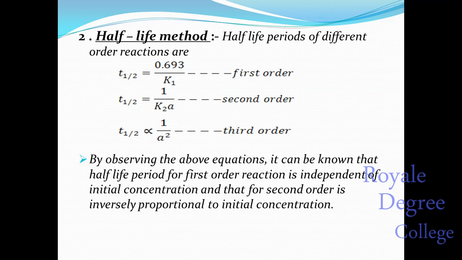By observing the above equations, it can be known that half-life period for first order reaction is independent of initial concentration. Here you can see initial concentration is not there in the first order reaction, meaning it is independent of initial concentration, and that for the second order is inversely proportional to initial concentration.